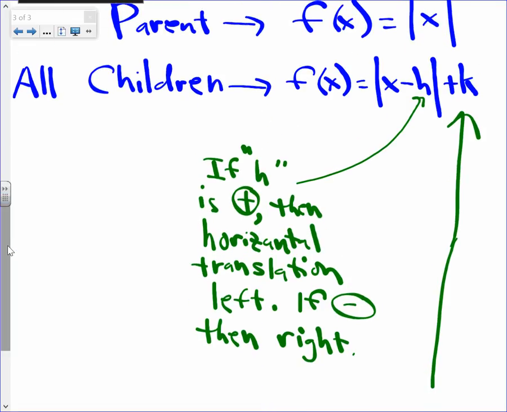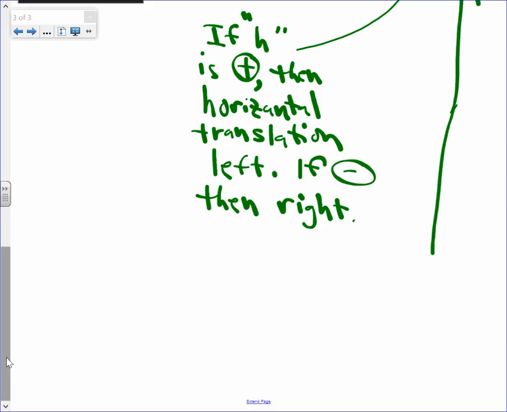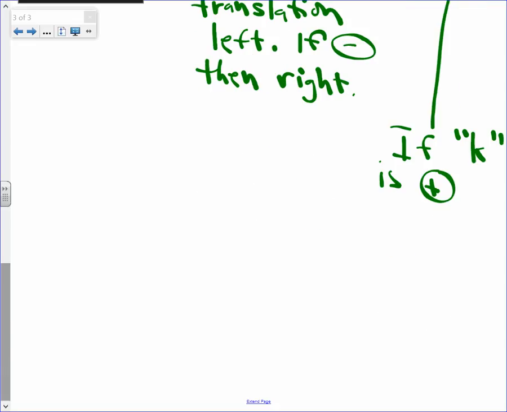So the number's outside the absolute value. If k is positive, is it going up or down? It's going up. If it's negative, it's going down. So that's what we're going to write. If k is positive, vertical translation. Translation just means slide.